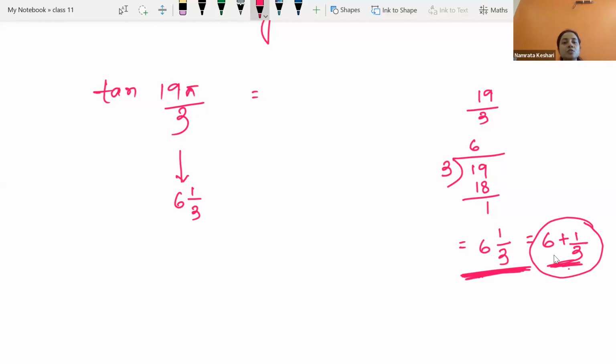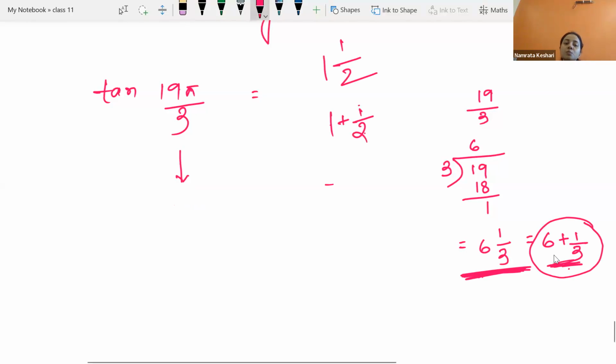In any mixed fraction, the numbers are always added together. So 6 1 by 3 we can also write as 6 plus 1 by 3, and then pi as it is. Are you getting it? Yes, ma'am.